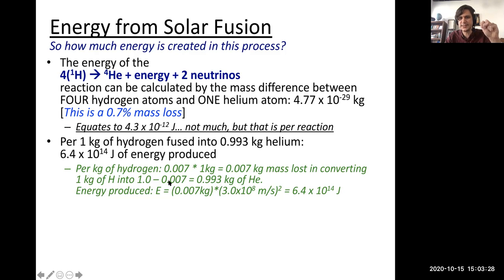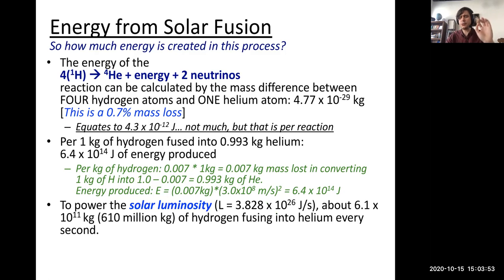That's 1 minus 0.7% of 1. That gives me an energy produced, and you could go ahead and calculate this for yourself if you don't believe me. Plug it into E equals mc squared: 6.4 times 10 to the 14th joules of energy per kilogram of hydrogen in the sun.